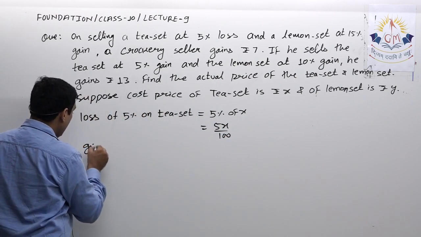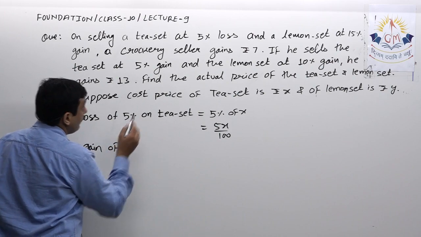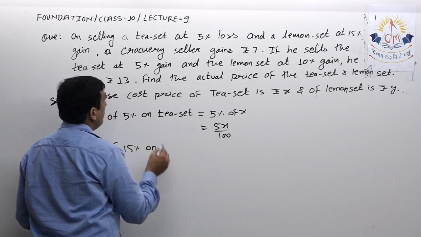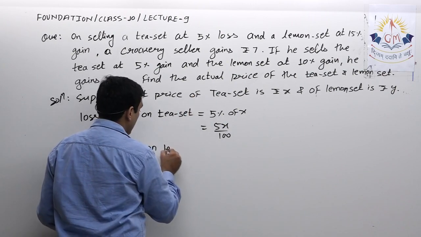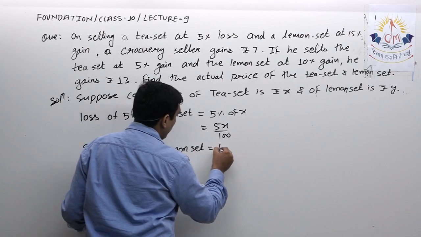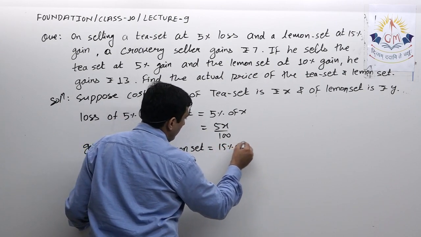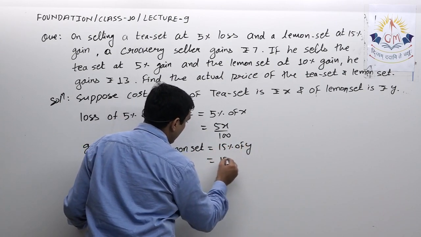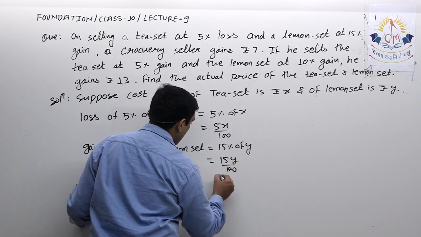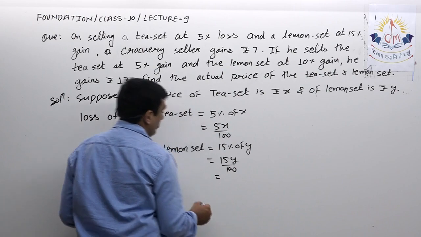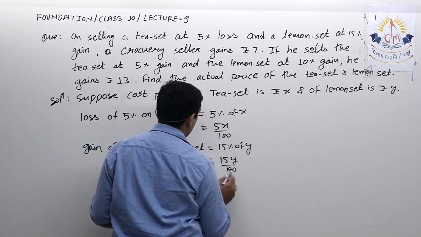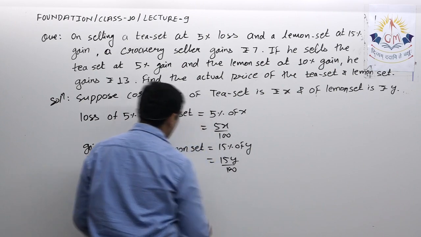Now gain of 15% on lemon set is 15% of y, that is 15y upon 100, or I can write this as 3y upon 20, or let it be like that only.